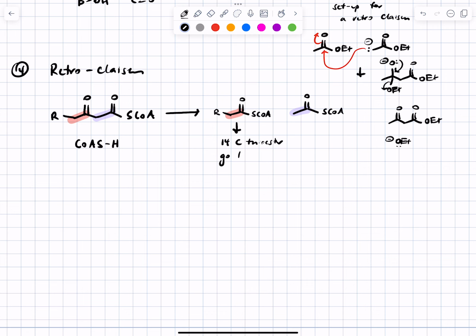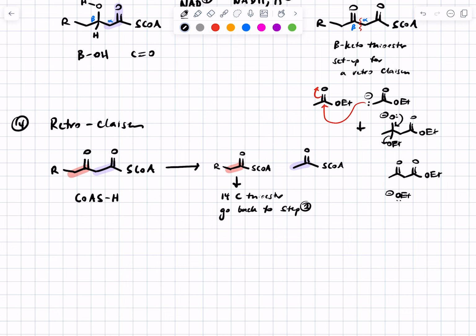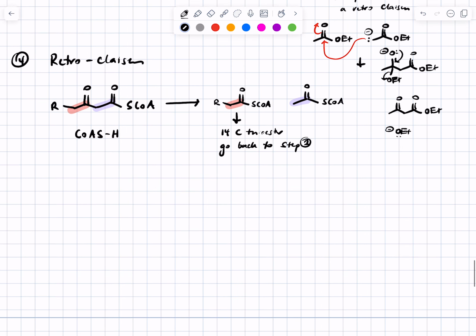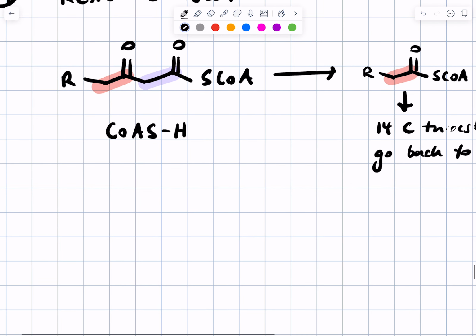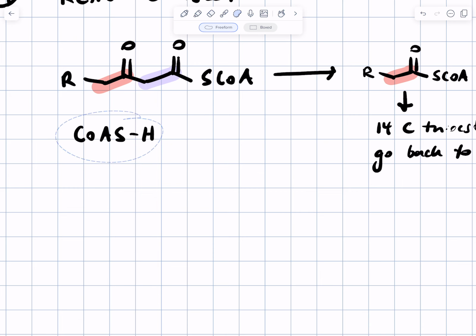And this can go back to step 1 of fatty acid beta oxidation and go around again. And so successively, nature's going to clip off these individual 2 carbon pieces until we're down to the last 2 carbons. How does this process happen? Exactly the way you would expect for a retro-Claisen.